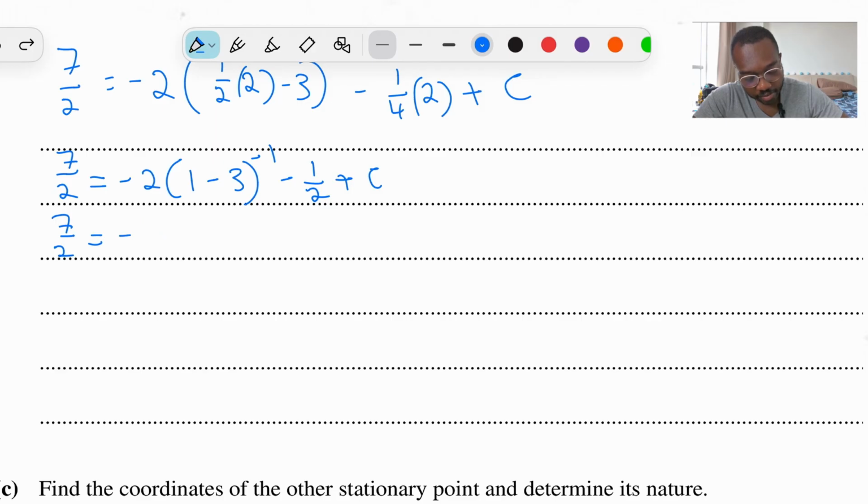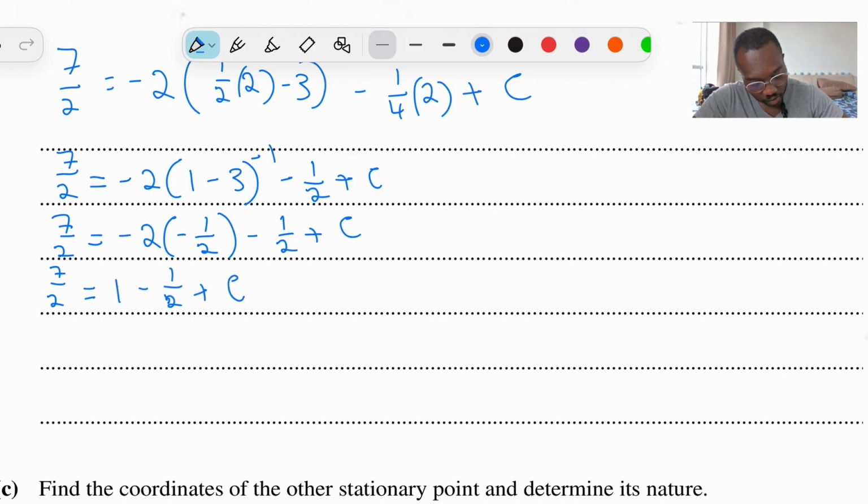Minus 2 times a negative half. Okay, and then that is also minus a half plus c. So we get 7 over 2 is equal to a positive 1 minus a half, okay, plus c. Therefore, if we work this out, we get a half, we get a 6, we get a 2, so we get c is equal to 3, okay?